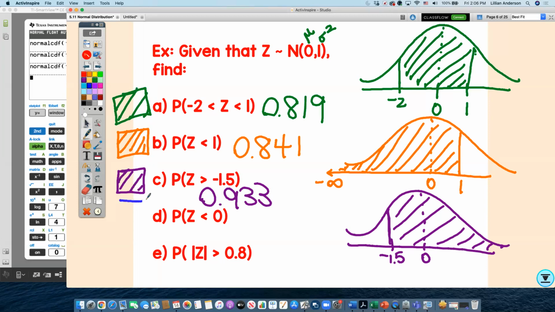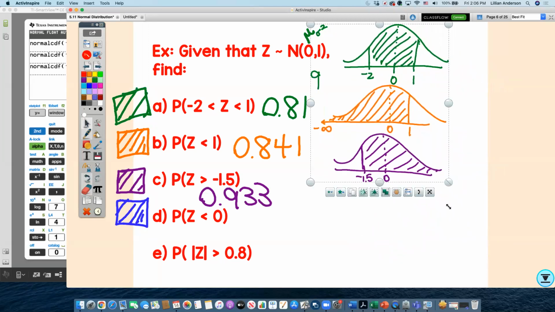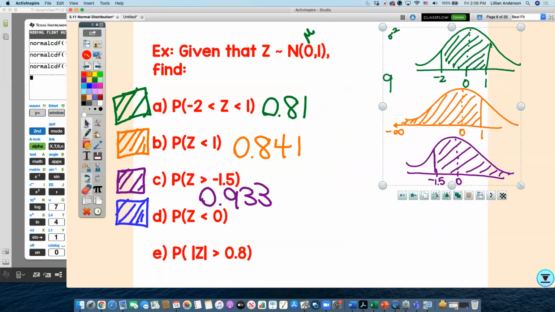Let's keep going. What is 0? 0 was our mean. So when we do this and it says less than, does that mean we're going to the left or the right of the mean? Left.